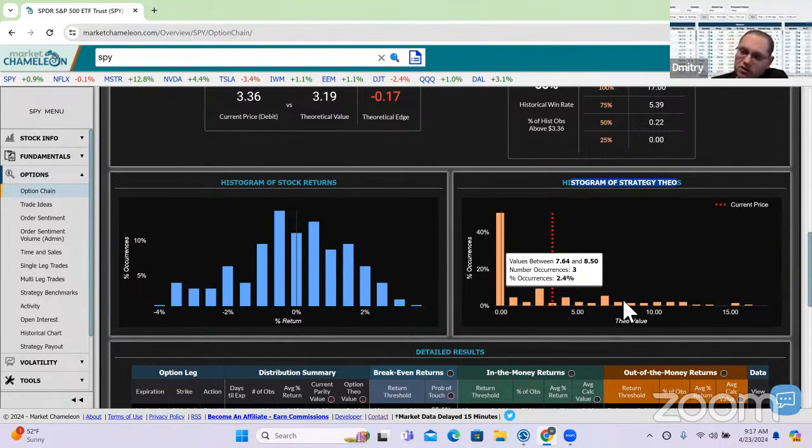If it's lower than $3.36, it would be unprofitable because you would get less back than you paid for. If we assume $3.36 is the premium we're paying, then these are the ones that would be unprofitable. And here is zeros. So we could see a big portion of them were zero.